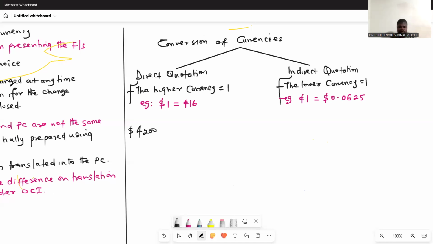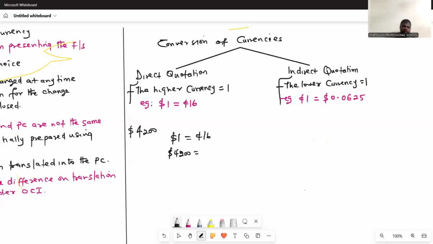Just use your formula, or use what they call cross multiplication. Do you remember? $1 is equal to what? 16 cedis. So $4,200 will be more. Is that not it?